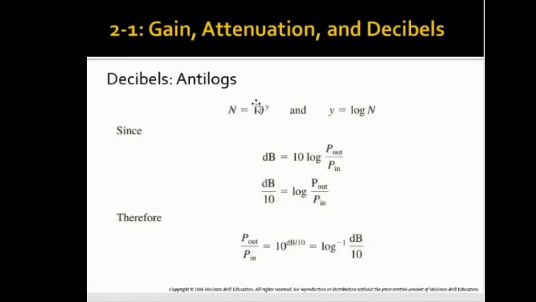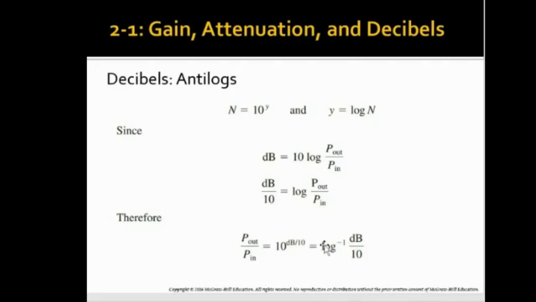So we can use this equation, which is similar to this. If we do anti-log on both sides, then the log and anti-log will cancel. So remaining is P out over P in. And the other side will be anti-log of dB over 10, which you can see here.